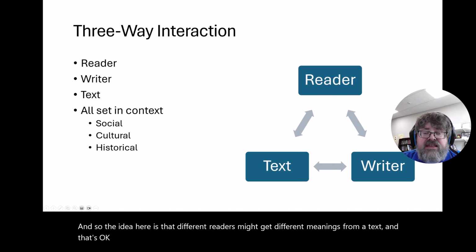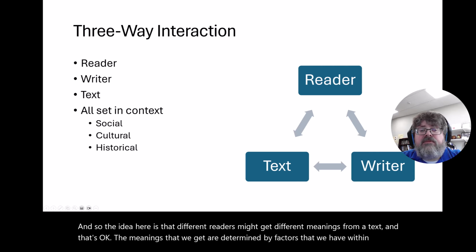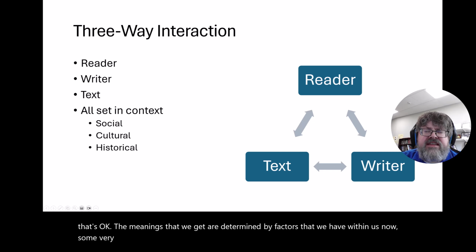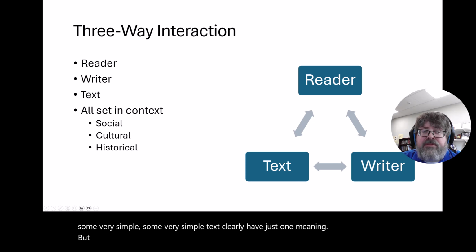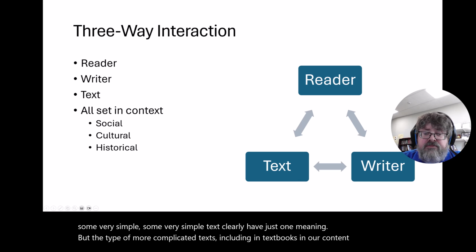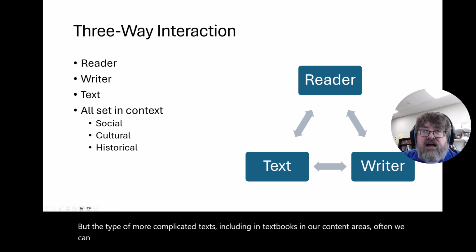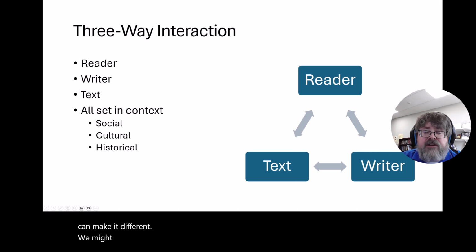The meanings that we get are determined by factors that we have within us. Now, some very simple texts clearly have just one meaning. But the type of more complicated texts, including in textbooks in our content areas, often might get different. We might draw different main ideas from it. We might draw different things that we just focus in on.